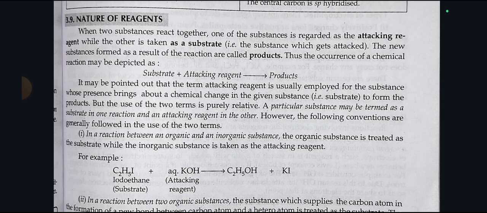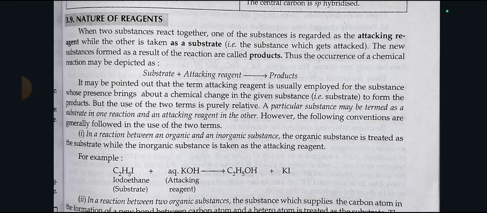But the use of the two terms is purely relative. A particular substance may be termed a substrate in one reaction and an attacking reagent in another. However, the following conventions are generally followed in the use of the two terms.